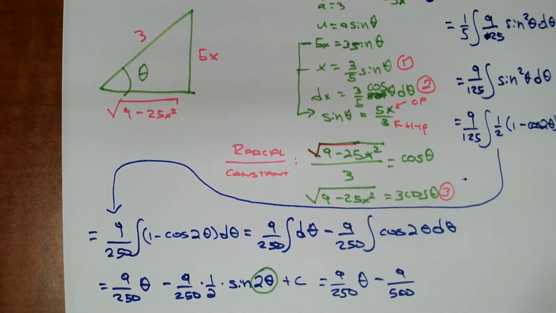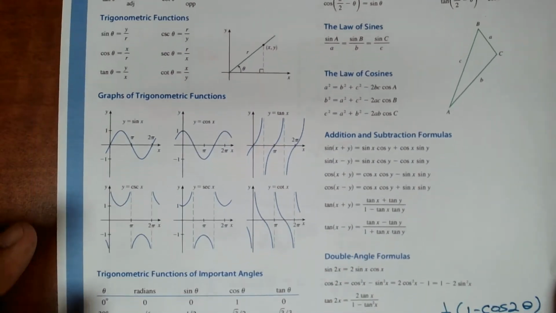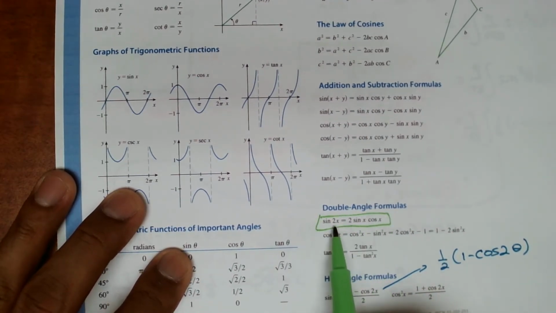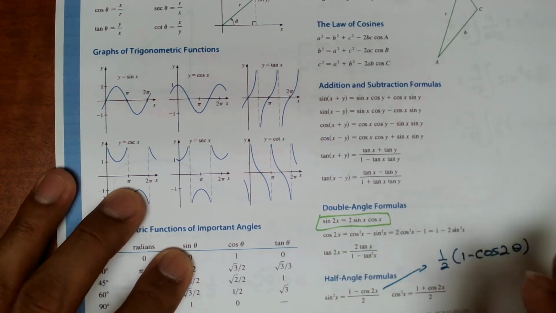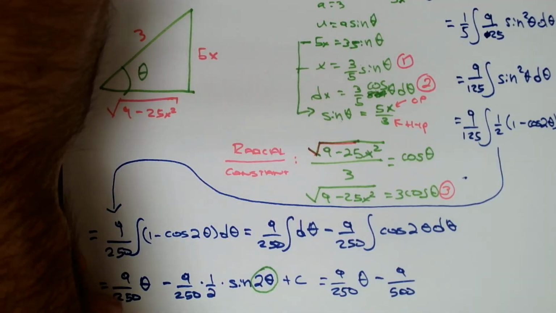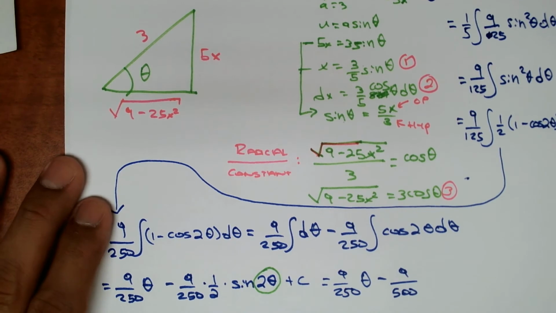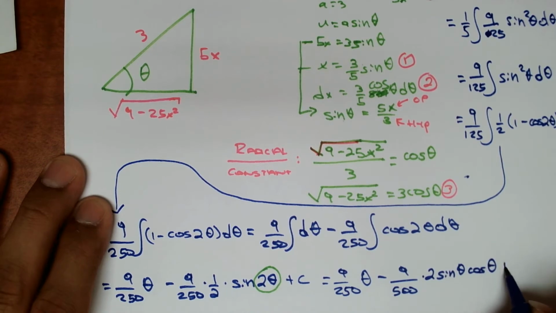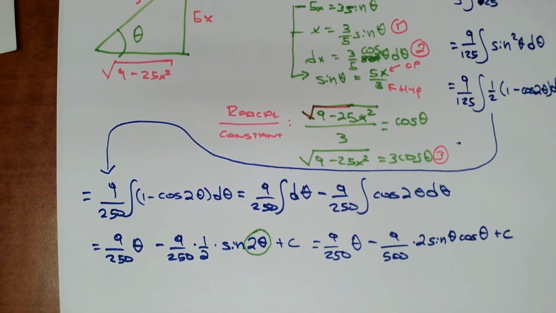So we will have to use another trig identity, which is the double angle in this case. Sine 2x equals 2 sine x cosine x. Well, in this case, we're using theta. And now we are ready to simplify this.